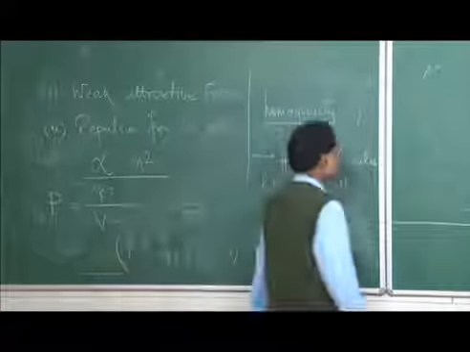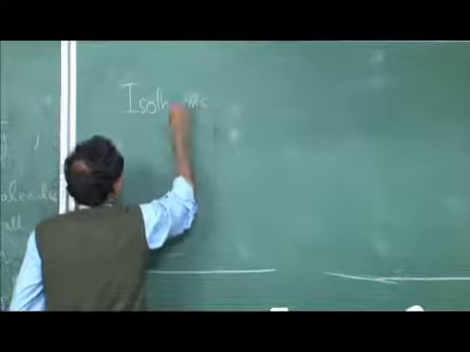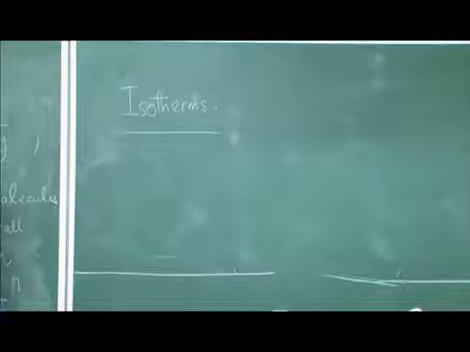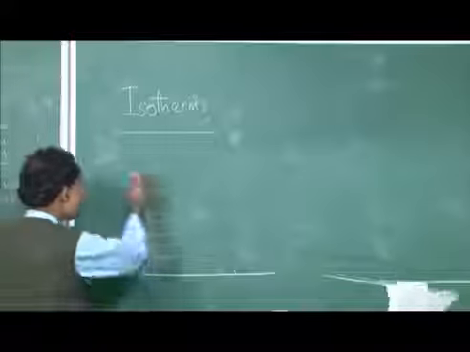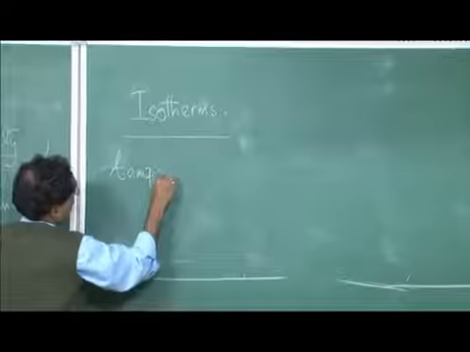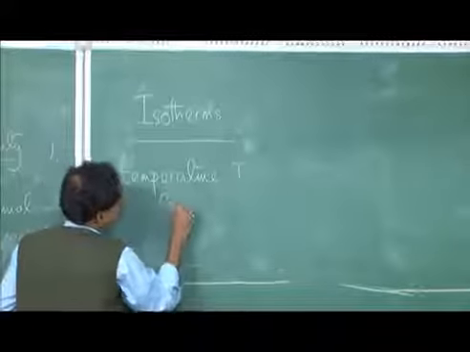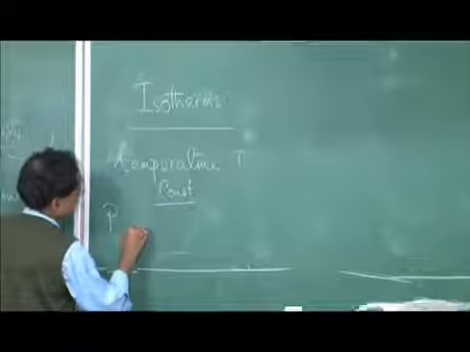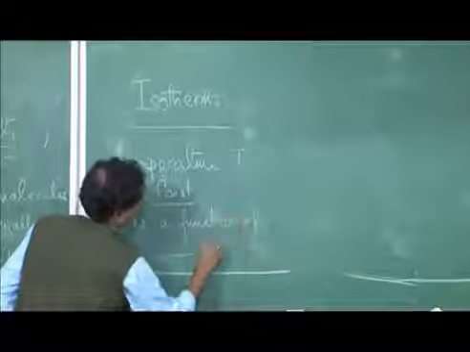So, what I am going to plot is called isotherms. These terms you will see many times, isothermal, adiabatic, in the thermodynamics part of this set of lectures. What is an isotherm? You keep temperature T constant, this is very important, and then plot pressure as a function of volume.